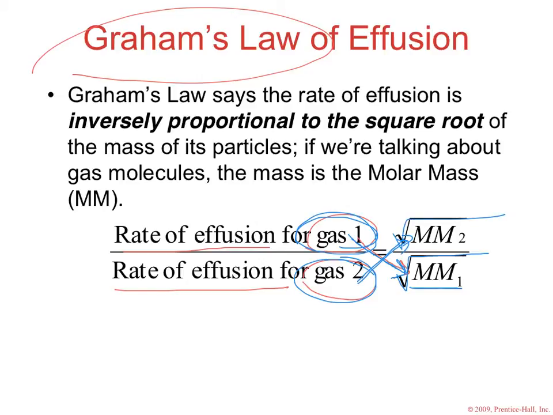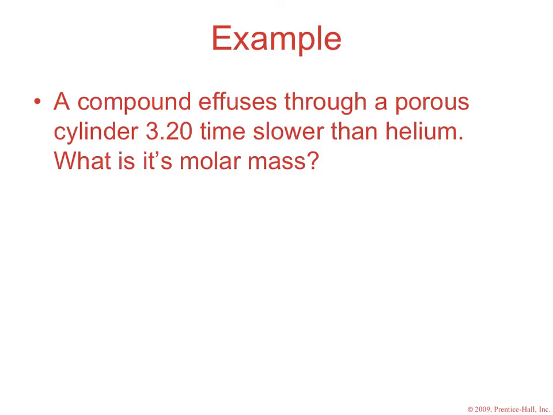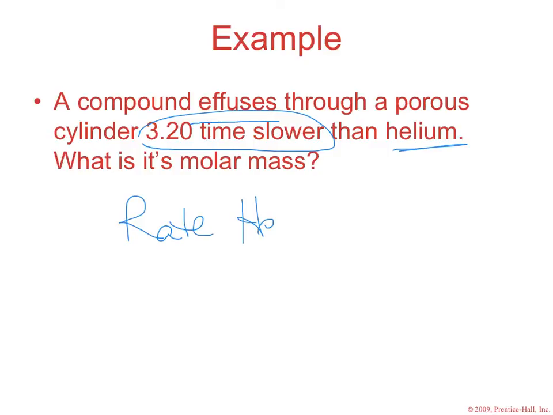So let's do an example. A compound diffuses through a porous cylinder 3.2 times slower than helium. So we are comparing some gas to helium. I'm going to say the rate of diffusion of helium, compared to the rate of diffusion of some unknown gas.